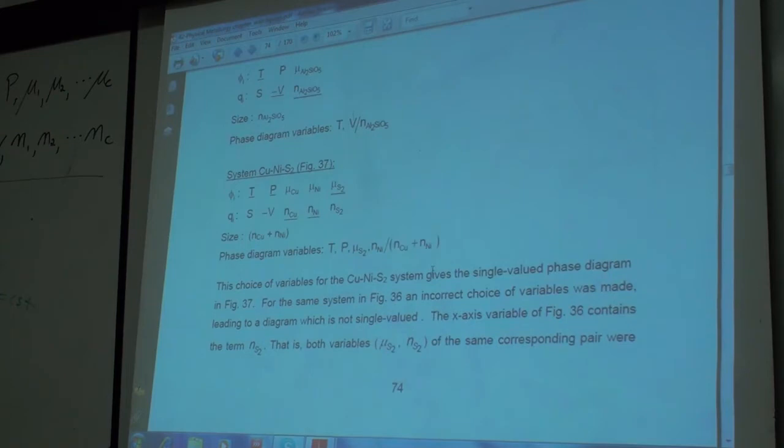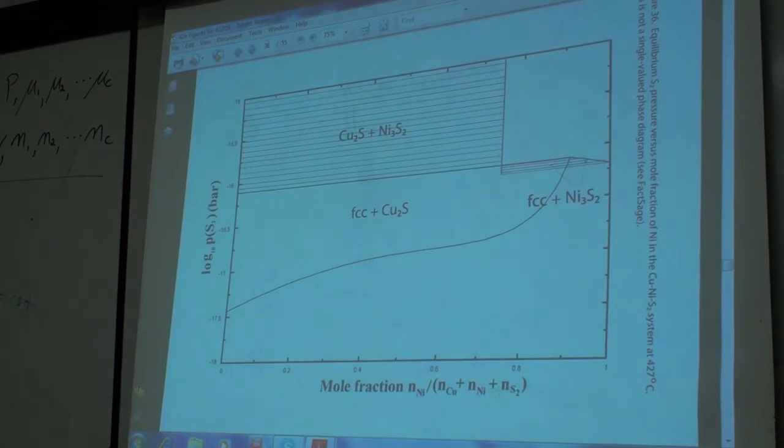What was wrong with figure 36? As you recall in figure 36, everything was the same except I put the number of moles of sulfur down here in the denominator of the mole fraction. And now you see the problem is that I'm using the number of moles of sulfur in this variable and the chemical potential of sulfur here.